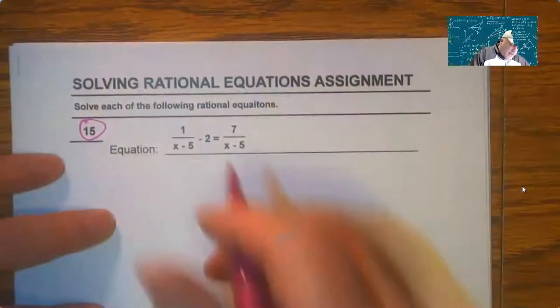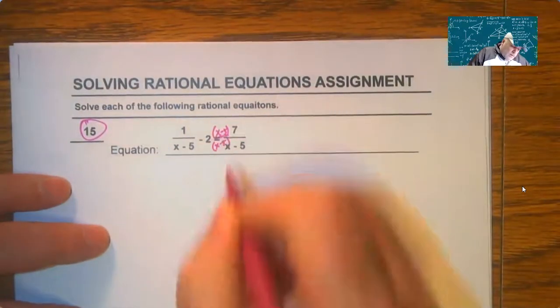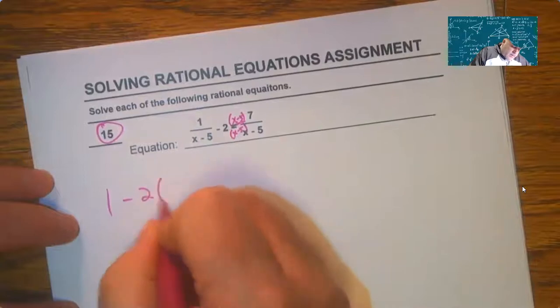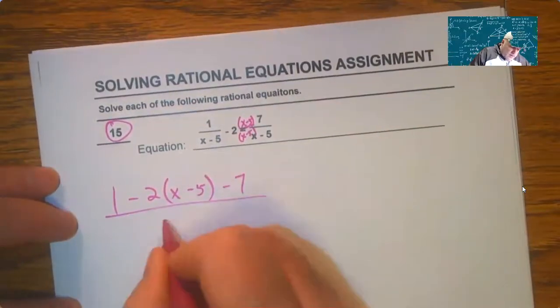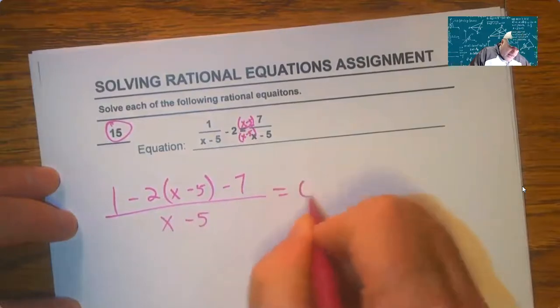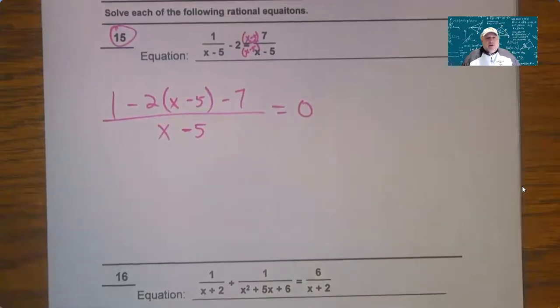And then 15. So you see this is missing an x minus 5 in the top and bottom. So 1 minus 2 times x minus 5, and then minus the 7 over. So the other two that already have all parts of the common denominator, you don't mess with them.